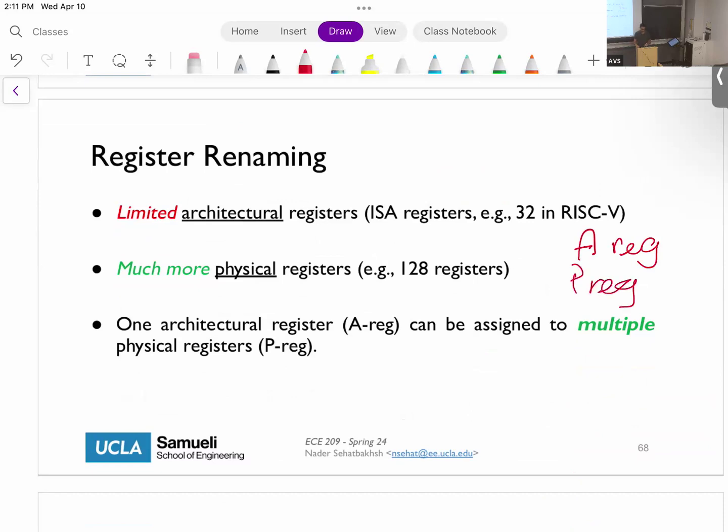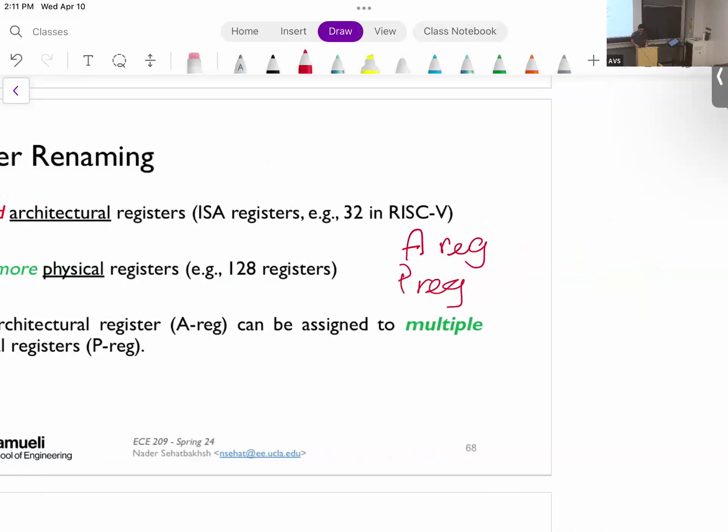The idea is that if I have, let's say, x0 all the way to x31, and I can map one AREG to multiple physical registers like P1, P2, P3, it is as if I have access to all 3, and then many more registers. This way, if the mapping works, I can just increase my physical registers as much as I want without any issue.